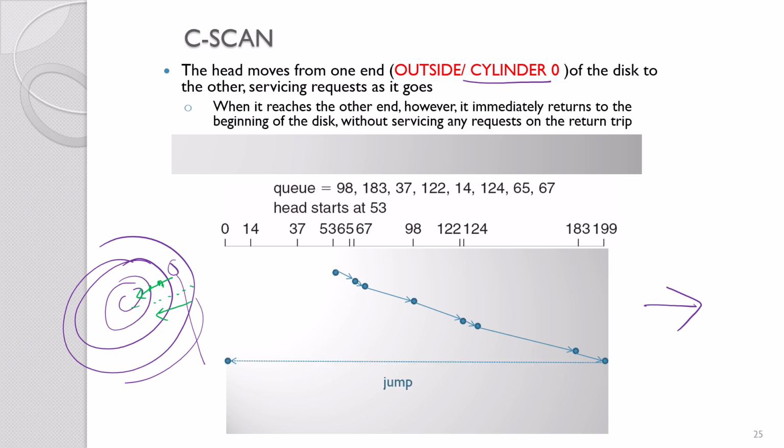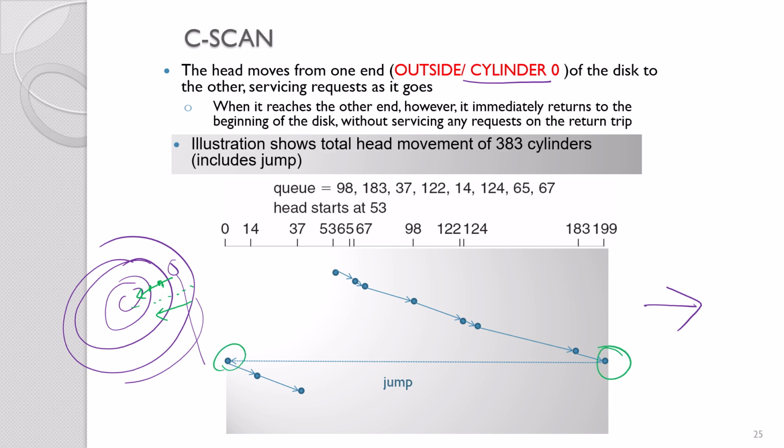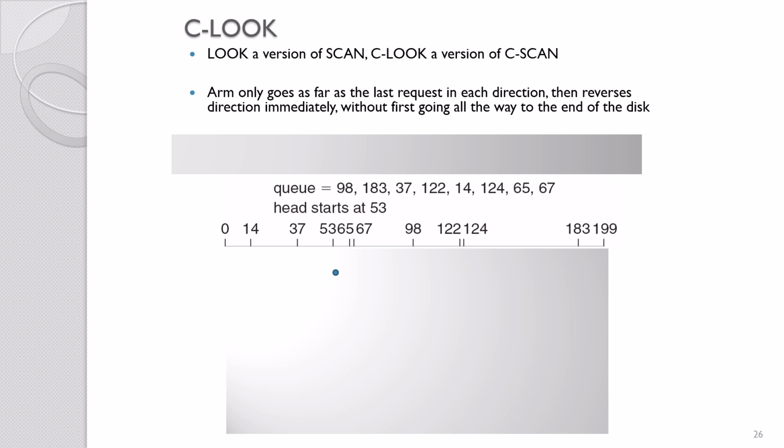So you can see that C-scan also goes all the way to the end. C-look is the same idea, only it doesn't go all the way to the end. It has that little bit of calculation to make sure there are no other cylinders in the queue greater than 183. Then it jumps to 14 and starts servicing again in that direction.